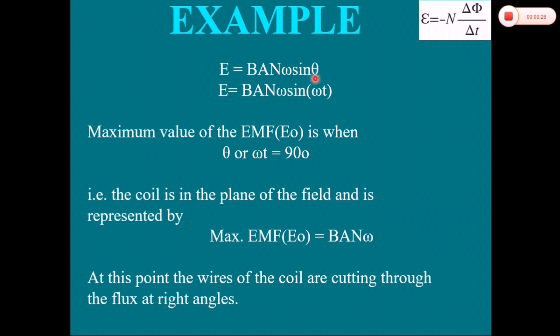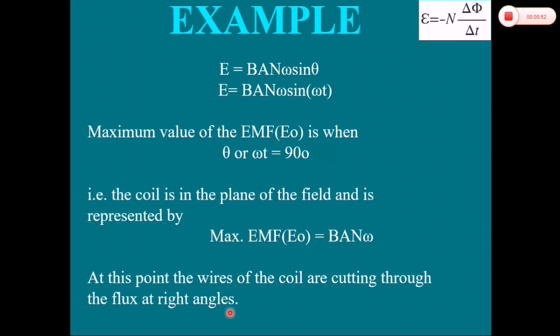Now we know that the maximum value of sine is 1, and it will be 1 when theta is 90 degrees. That is, B and A are at right angles to each other. In that case, this equation reduces to the maximum value of induced EMF, which is denoted by E0. So at this point, the wires of the coil are cutting through the flux at right angles.